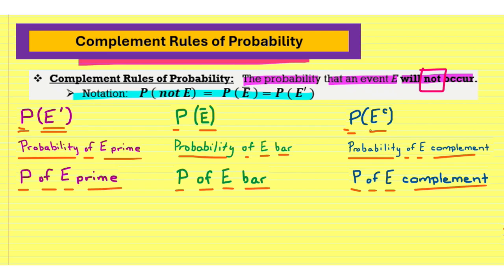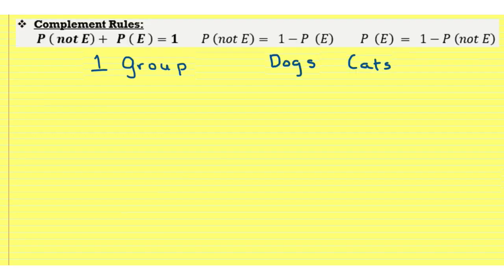But all of these mean exactly the same thing. They essentially mean the probability of not E, or the P of not E. That is the whole foundation for the complement. The complement is not E.